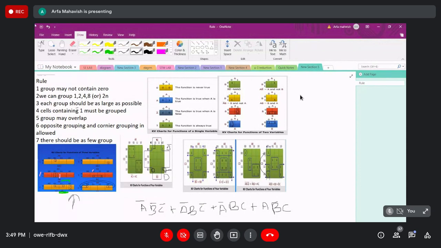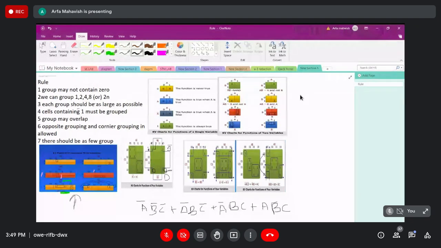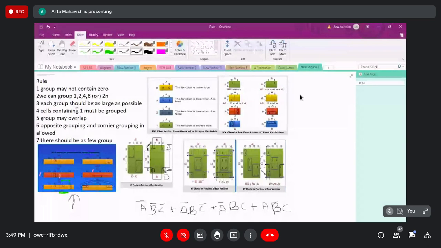Keep this rule in your mind, guys. These seven rules are very important, and two more rules are swapping and combining the things, how you are combining and how you are getting the result.